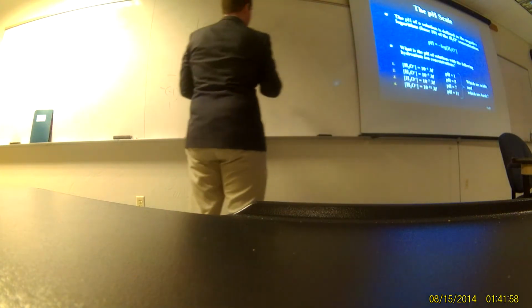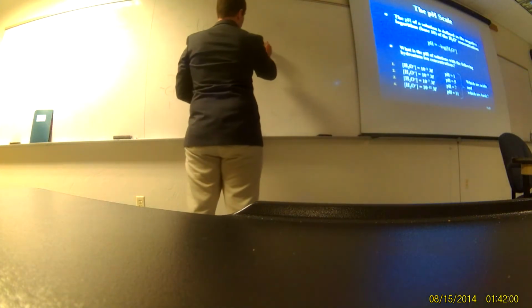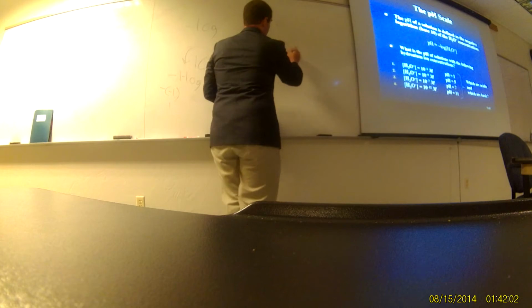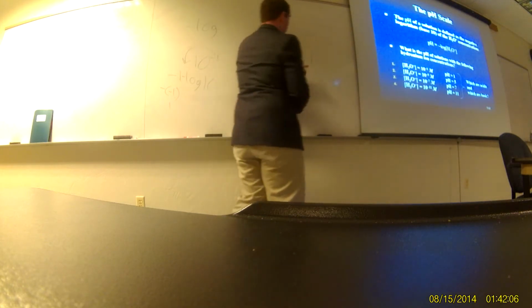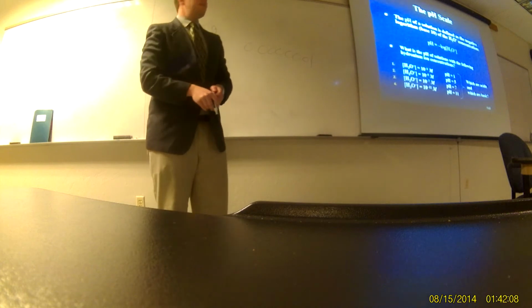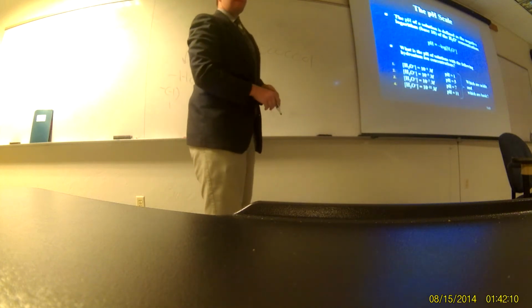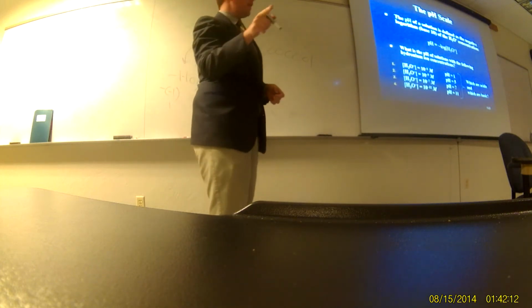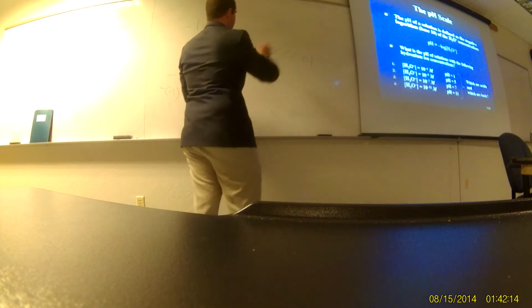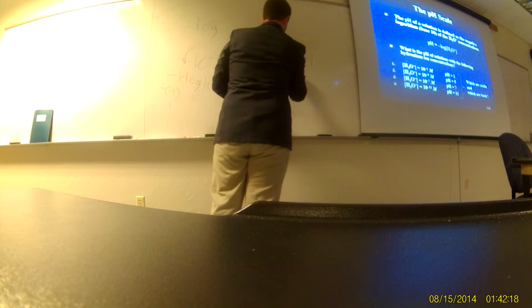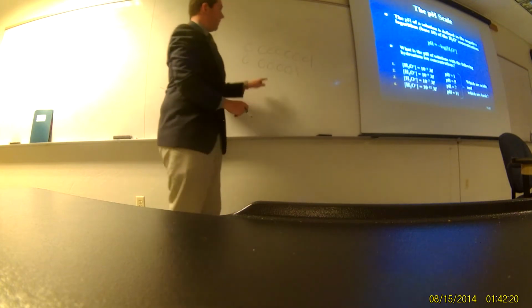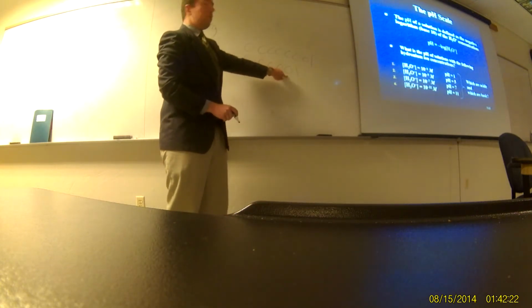10 to the negative 7 is 0.0000001. So 10 to the negative 7 will always be neutral. Yes. 10 to the negative 5th is 1, 2, 3, 4, that. It's going to start becoming closer. Correct.